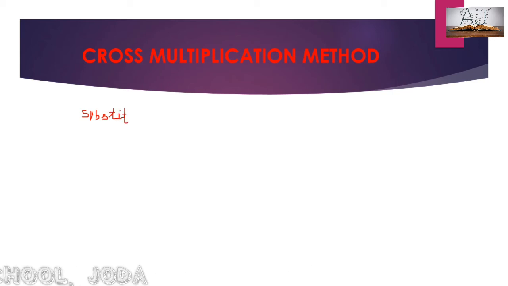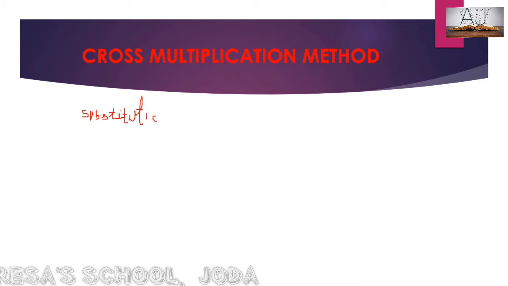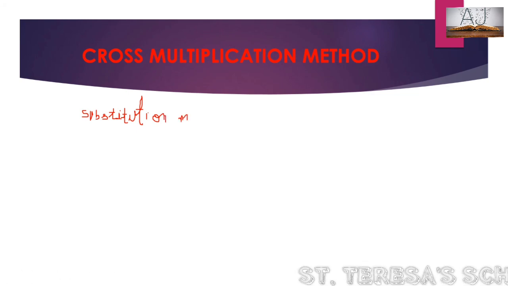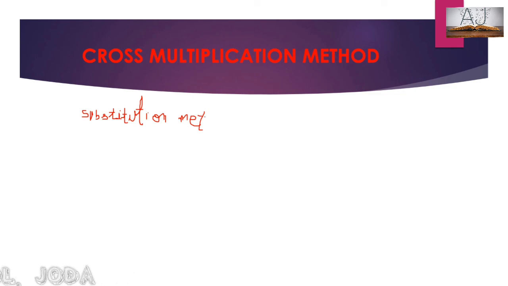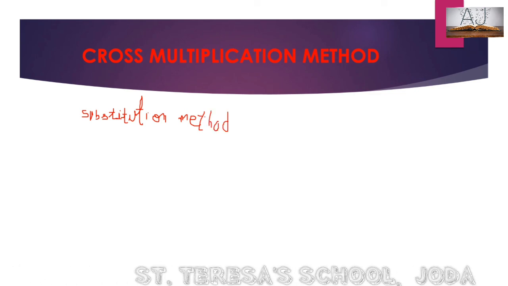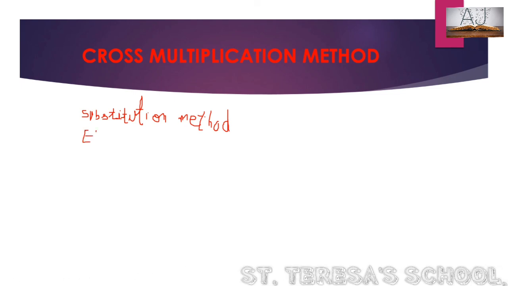I have already told you about this. So, the first, substitution method, we have already done. And even we have done the next method. What is that? The next method by which we have done is the elimination method.